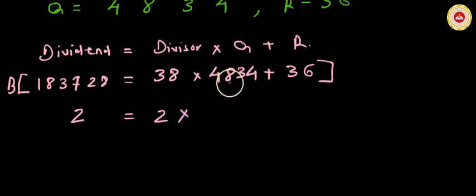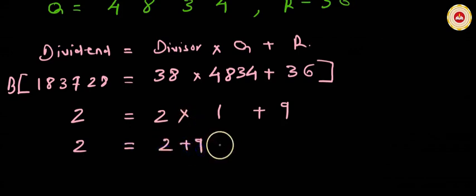Multiplied by 4 plus 8, 12. 12 plus 3, 15. 15 plus 4, 19. 1 plus 9, 10. 1 plus 0, 1. Plus 3 plus 6, 9. So 2 equals 2 multiplied by 1, that is 2, plus 9, that means 2 equals 11. 1 plus 1, 2. So verified and we are correct.